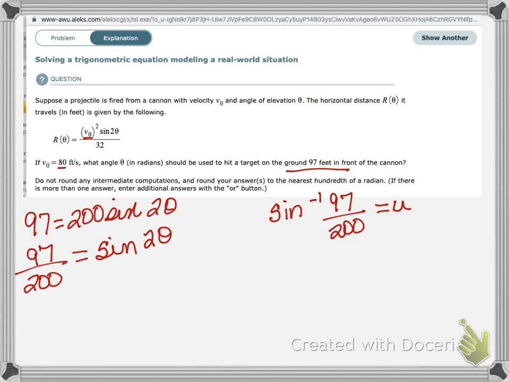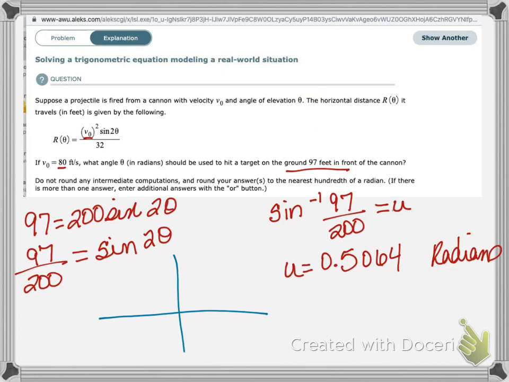And what we get is 0.5064, and that's in radians. Okay, so if we were looking at this, we would be looking at something about right here.